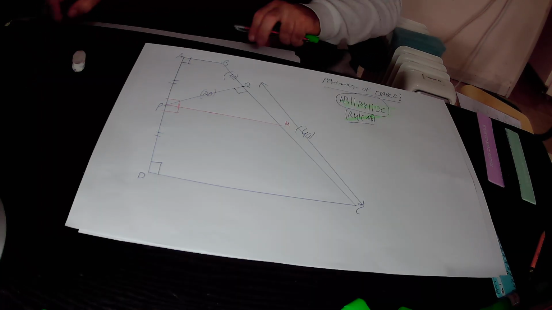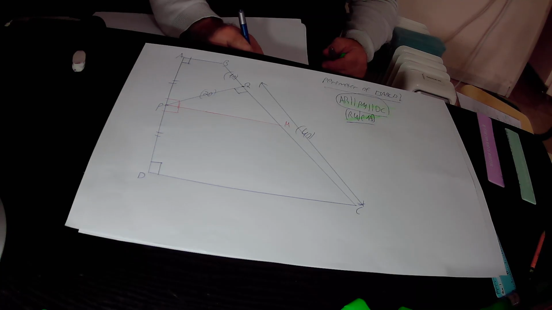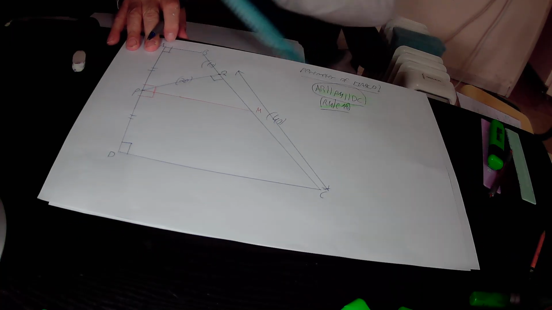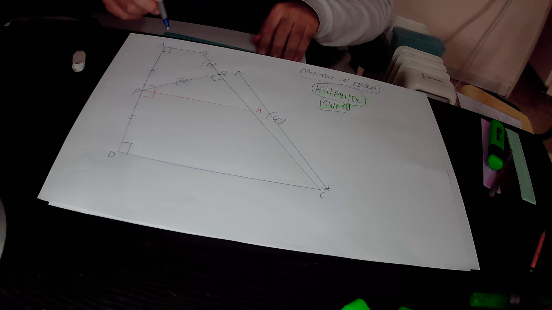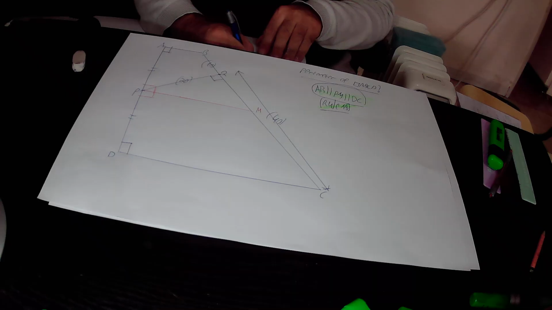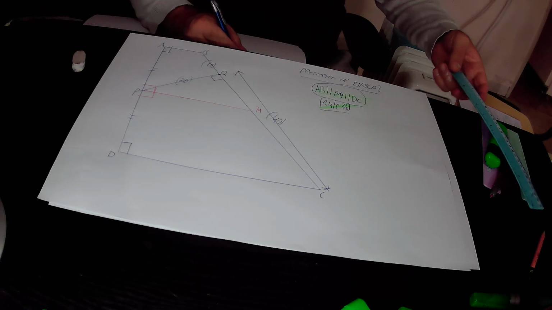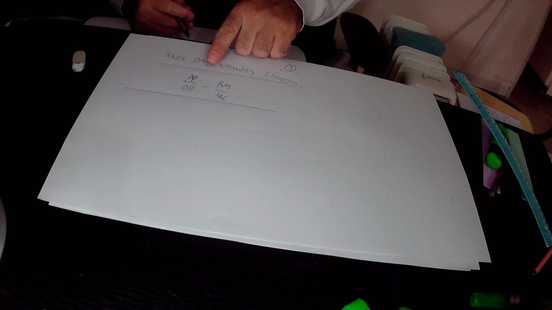According to the basic proportionality theorem, the following relationship exists between those two line segments AD and BC that connect the three parallel lines together: AP over PD equals BM over MC.